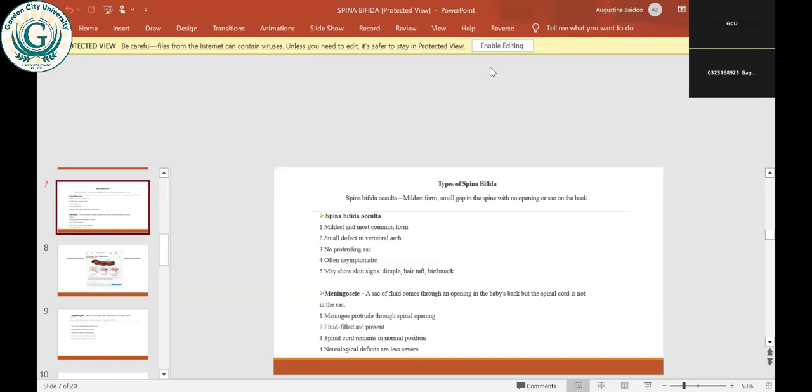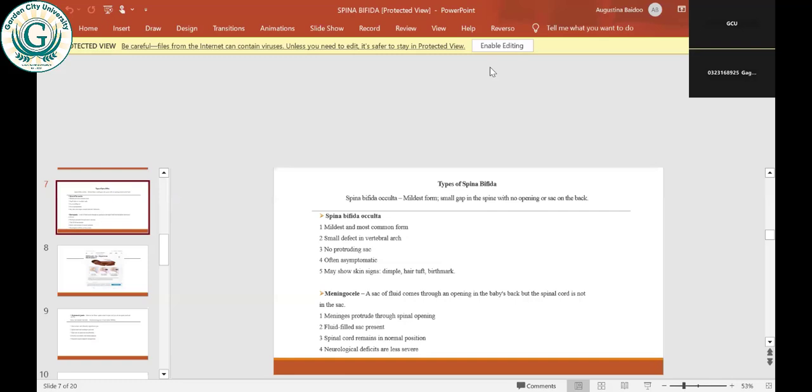So I was talking about spina bifida occulta. I was saying that there are some features that will help you detect or know that this is spina bifida occulta. 1, it is the mildest defect in the vertebral arch. 3, no protruding sac. 4, often asymptomatic. 5, may show skin signs like a dimple, hair tuft or birthmark.